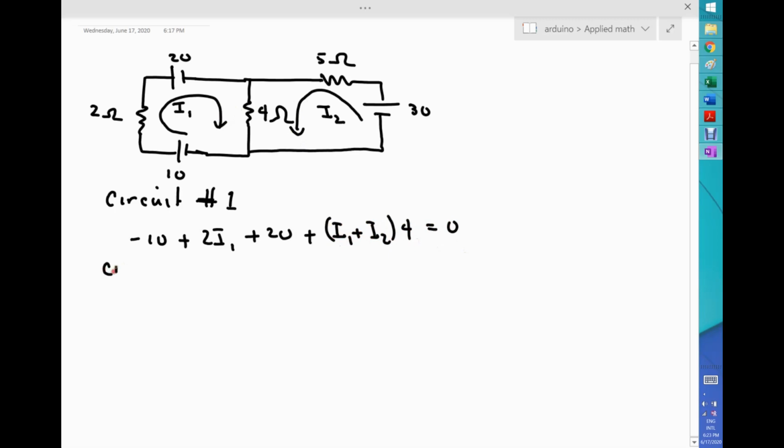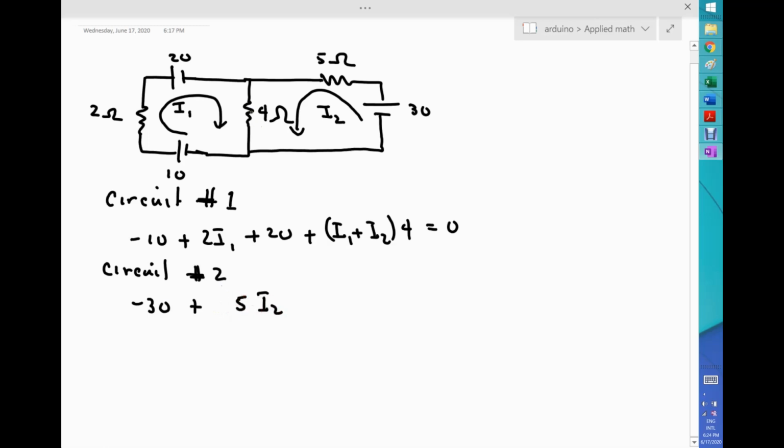Let's work on circuit number 2, and we do the same. We start with the battery. That's minus 30 plus 5 times I2. This looks more elegant. Sorry for that, 5 times I2.